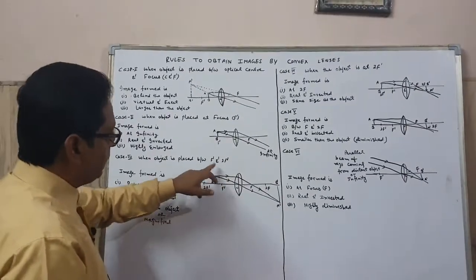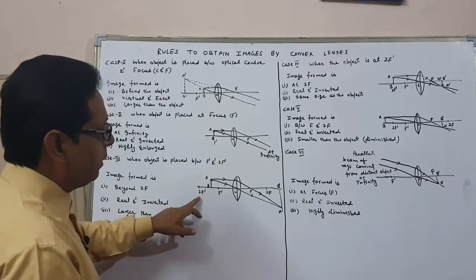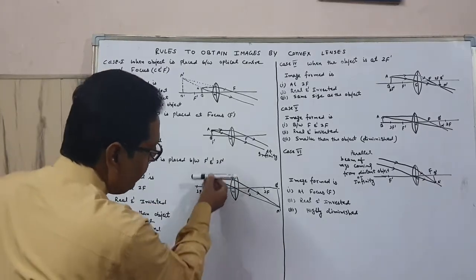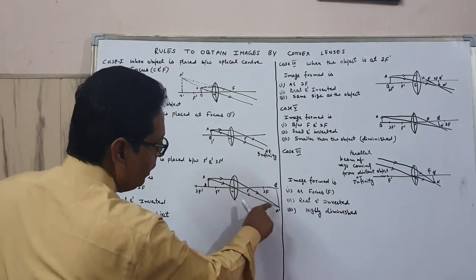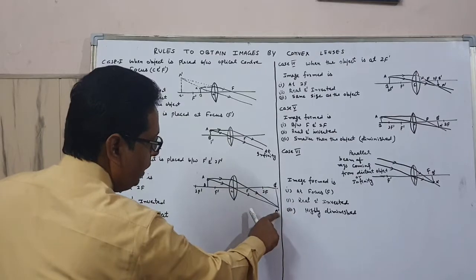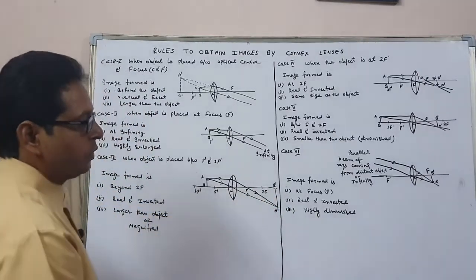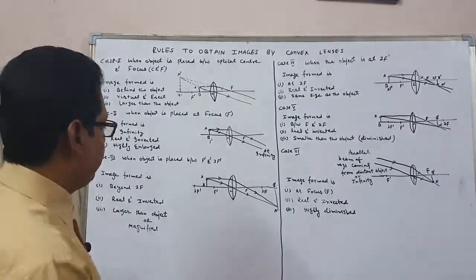In the third case the object is lying between F dash and 2F, like this. One ray is parallel to the principal axis passing through the focus, and one ray passes through the center, and they will meet somewhere here, beyond this 2F. 2F means double the focal length of the lens.